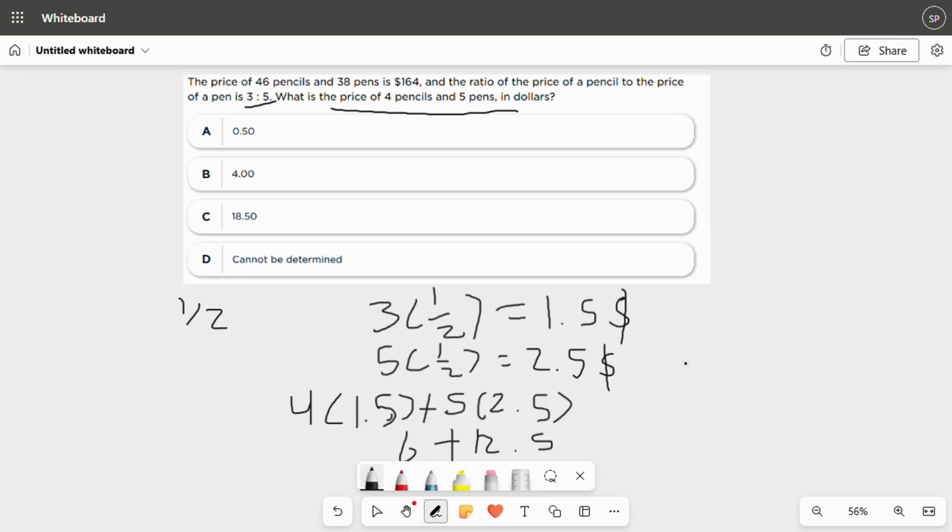Add them together, it would equal 18.5, and if we look at our answers, it would be C.